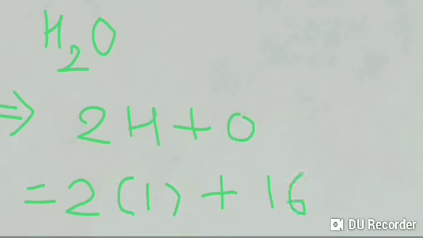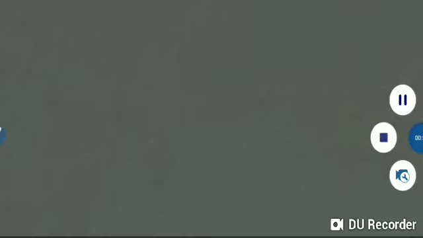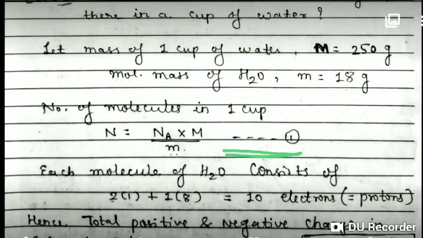So 2 into atomic mass of hydrogen plus atomic mass of oxygen, and hence the molecular mass of H2O is obtained to be 18. So let us give this equation number 1, which gives the number of H2O molecules in one cup of water.